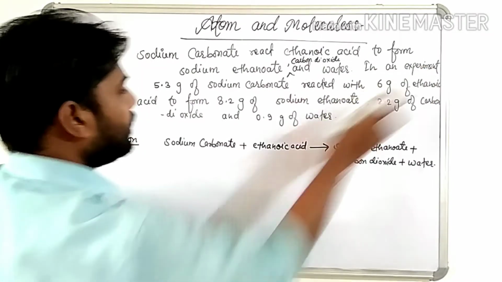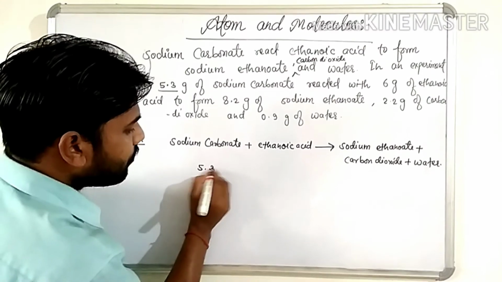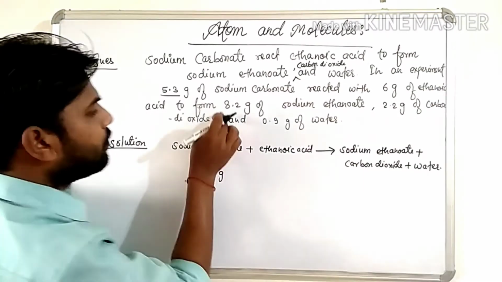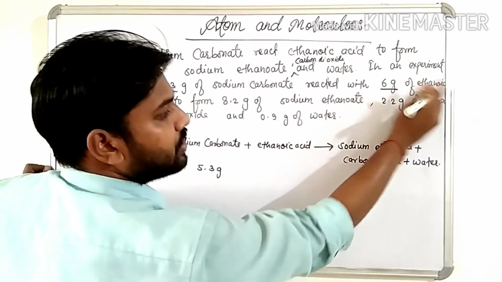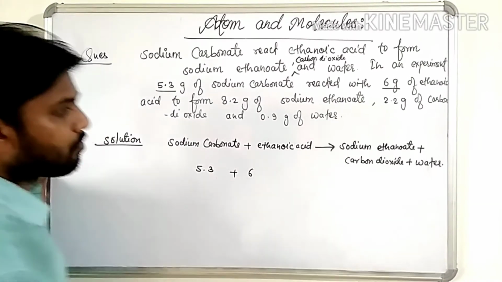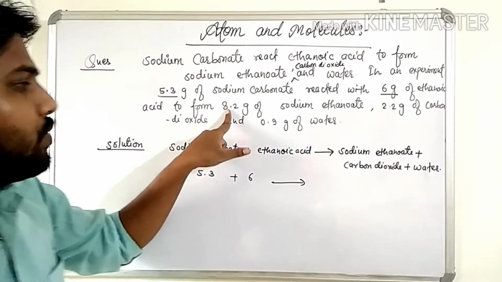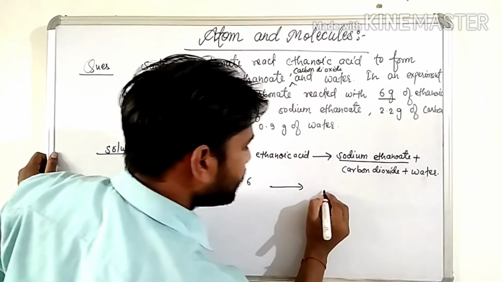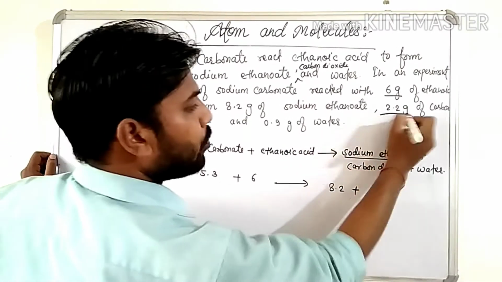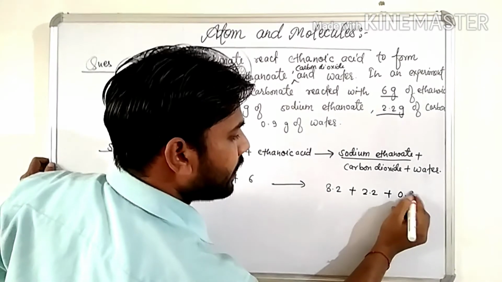Now in an experiment, 5.3 gram of sodium carbonate reacted with 6 gram of ethanoic acid, which gives 8.2 gram of sodium ethanoate, plus 2.2 gram of carbon dioxide, and water, 0.9.